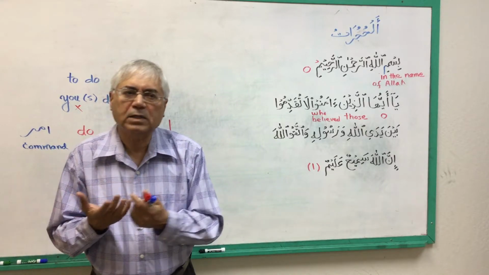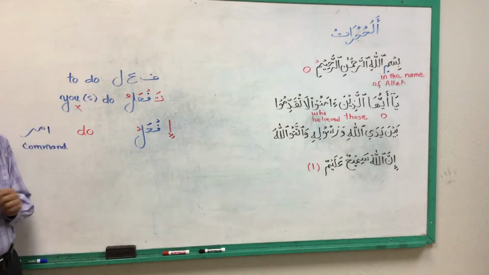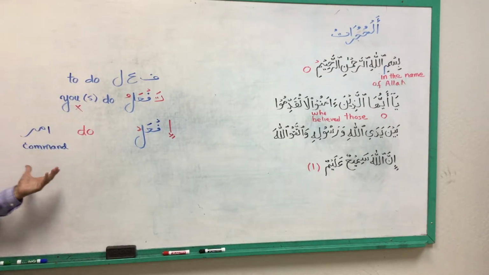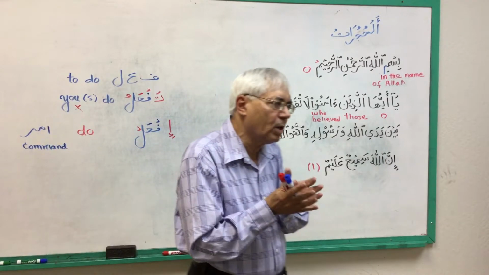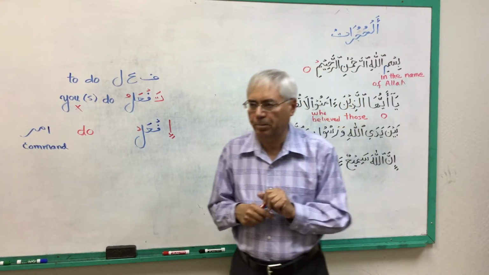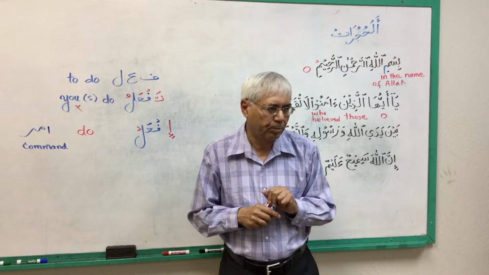If I am asking Allah subhanahu wa ta'ala to do something for me, I will use this word if'al, but I cannot say that this is a command, this is an order. I will call this a request, a supplication, a dua. So the command will be translated as a dua.